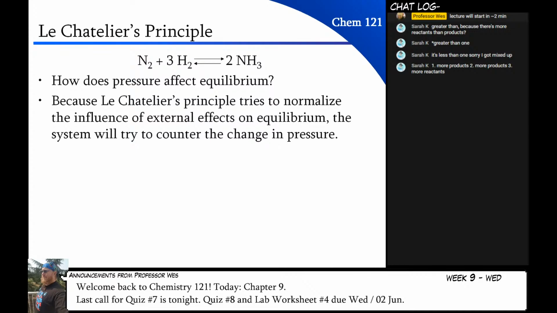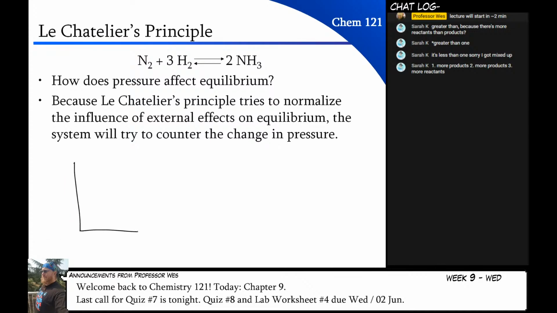And what that means is that if I compress a system so that it is very pressurized, I need to reduce that pressure. If I expand a system so that it is in a vacuum, or it has a reduced pressure, I need to fill in that space. We can draw a picture to show that in action here.